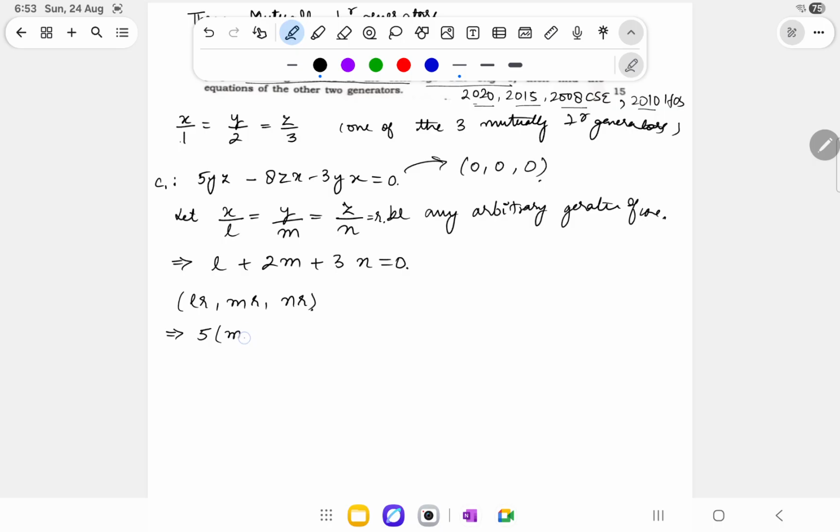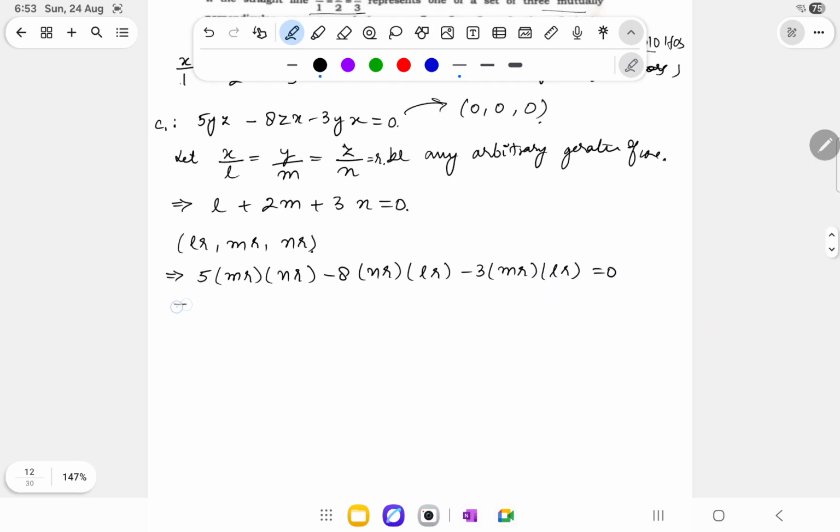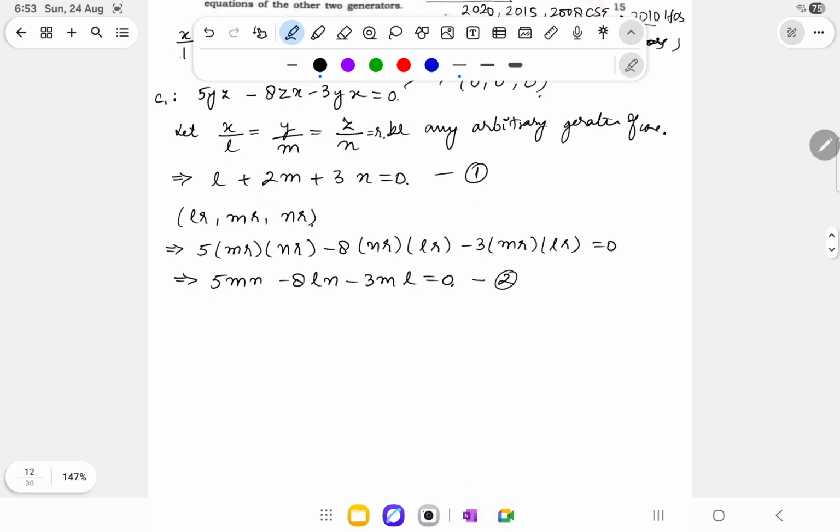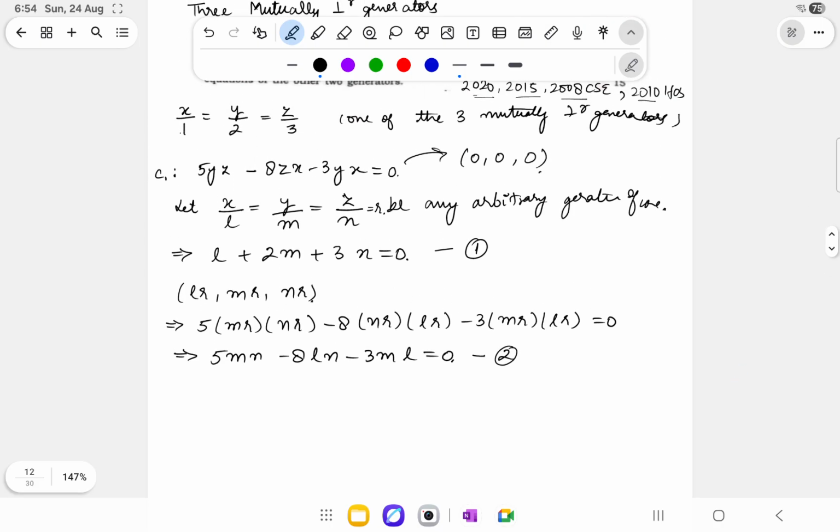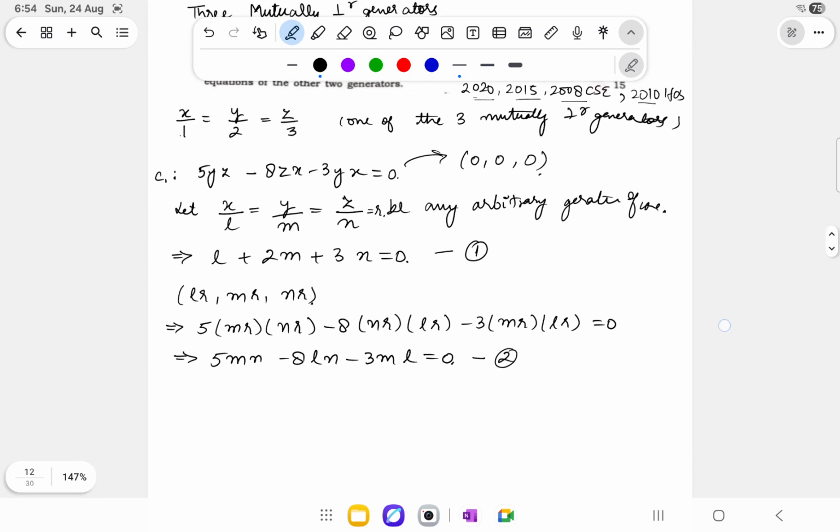I'll get 5 into mr into nr minus 8 into nr into lr minus 3 into mr into lr equals 0. Simplifying, I'll get 5mn minus 8ln minus 3ml equals 0. Now I have 2 equations in L, M and N, and I can easily solve them to get the values of L, M and N, which will give me the equation of the generators which are mutually perpendicular to the given line.